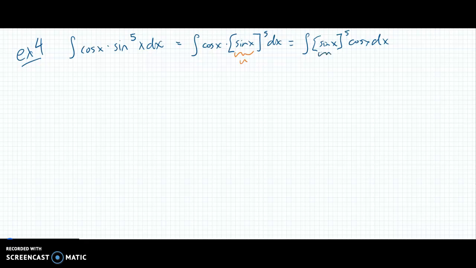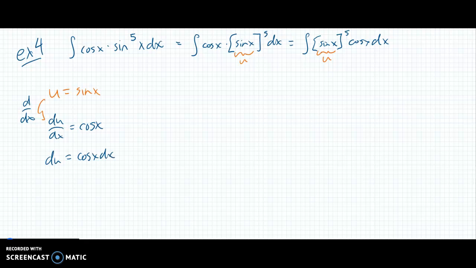Maybe I should identify this one here as the u. So I'm going to let u equal sine of x. I'm going to derive with respect to x. du/dx equals, well, that's cosine x. And then du is equal to cosine x dx, just multiplying by that dx.